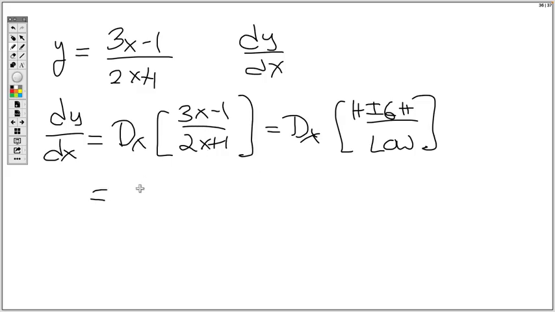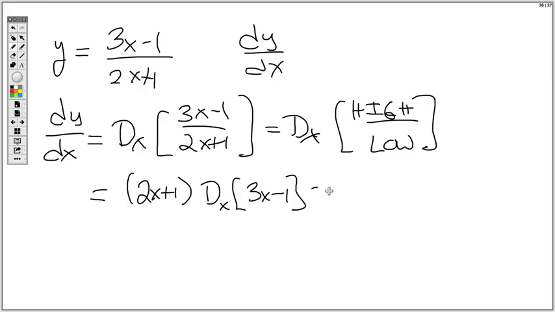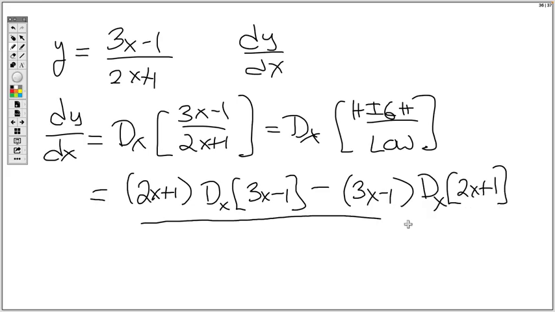Take low d high, so we take the quantity 2x plus 1 times the derivative of the quantity 3x minus 1, minus high d low, the quantity 3x minus 1 times the derivative of the quantity 2x plus 1. We square the bottom, and off we go.